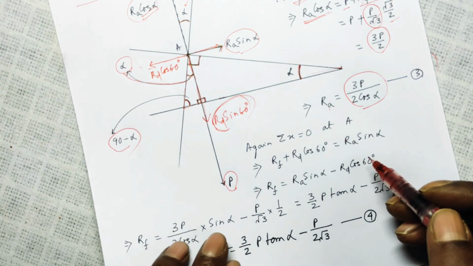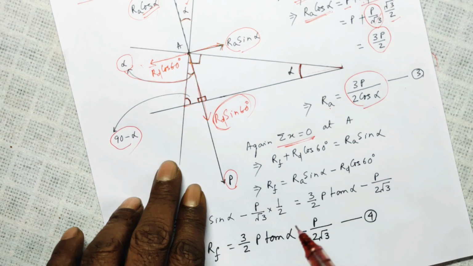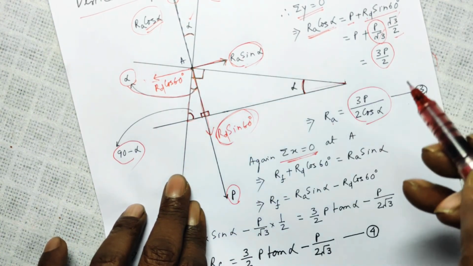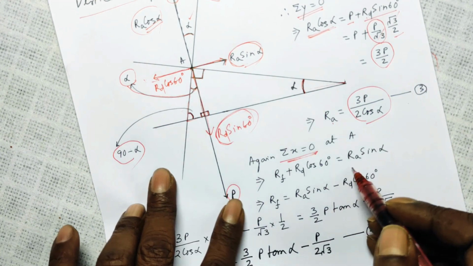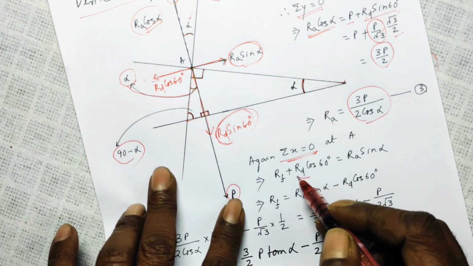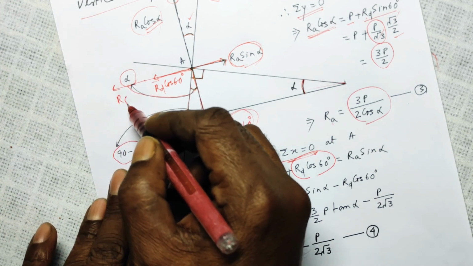Now again apply sigma x is equal to 0 at point A. Now at point A, to this side is RA sin alpha, and to this side is your RD cos 60, and to this side was also your RF.